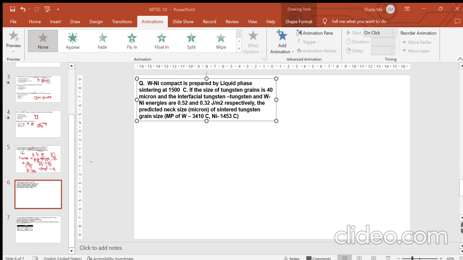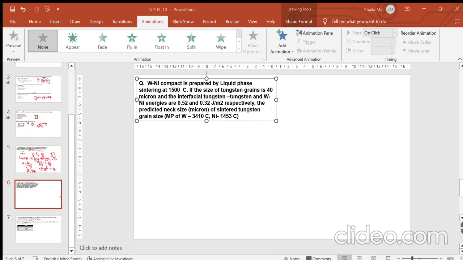What we are actually doing is, you also know that there is an angle between these two. There is an angle that is formed and this angle is called the dihedral angle, given by theta. This angle is formed between the two particles when the third particle is just filling the space in between the two. Now where are these interfacial energies actually acting?